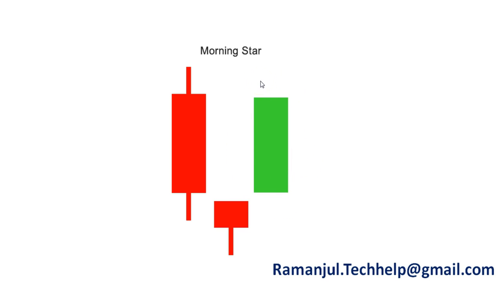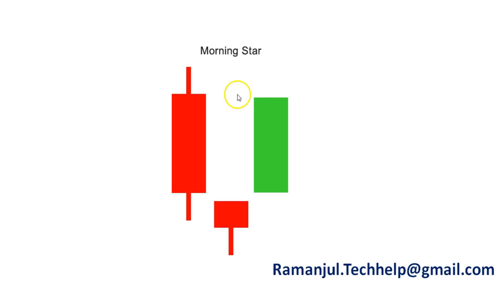The only thing you have to consider is that the closing of the third candle, the green candle body, should be equal to or higher than the opening of the first candle.